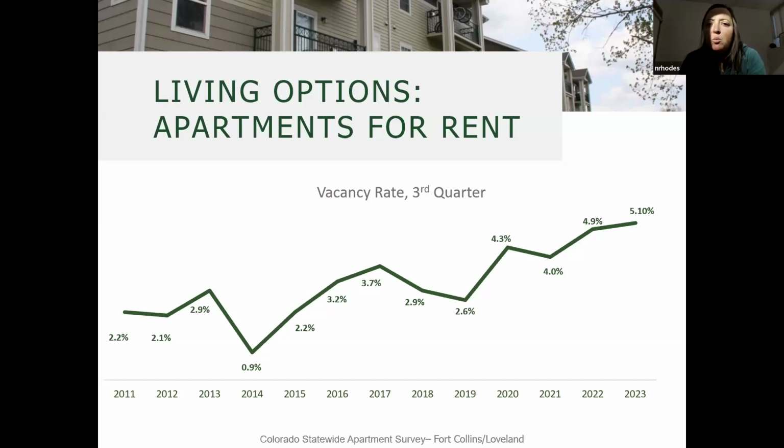A lot of economists will argue that 5% is a healthy vacancy rate, meaning that 5% of our rental units are open and vacant for new tenants to move in. 5% they say is a good balance where we don't have an abundance of housing, but it also means that there are options for people, but without too much housing.